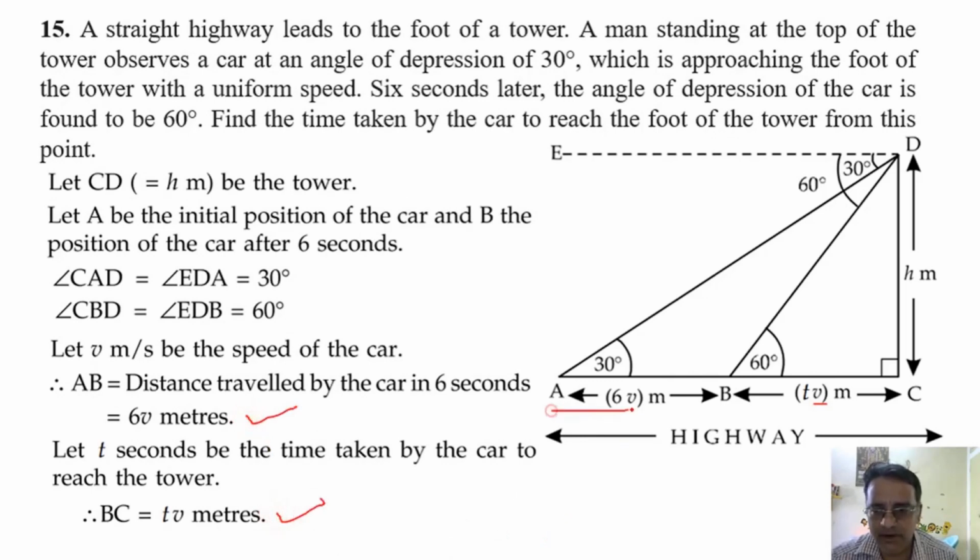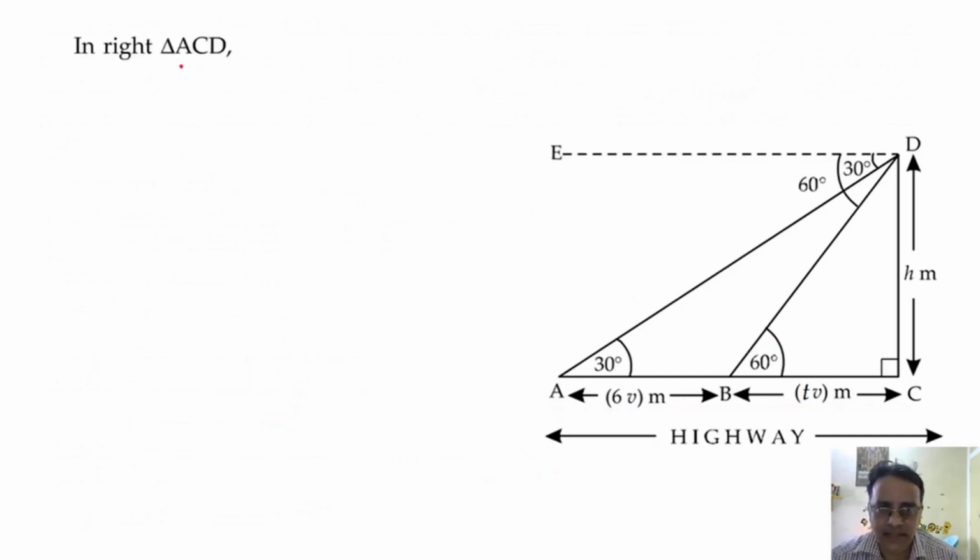No, sir. Now what is AC? What is the length AC? 6v plus tv. Okay, fine, very good. Now in right triangle ACD, ध्यान से देखो, full right triangle. Again I am going to take 30 degrees. With respect to 30 degrees, this side is the opposite side and this is the adjacent side. So opposite, adjacent.